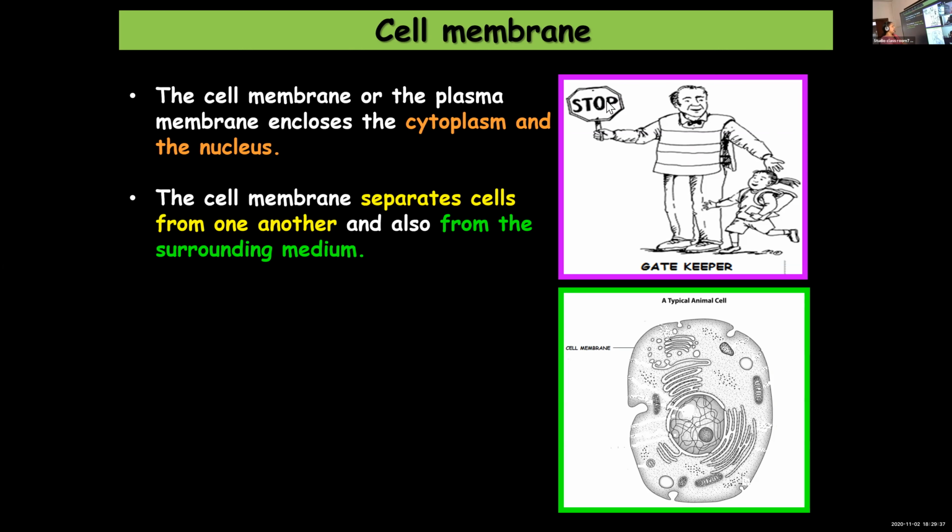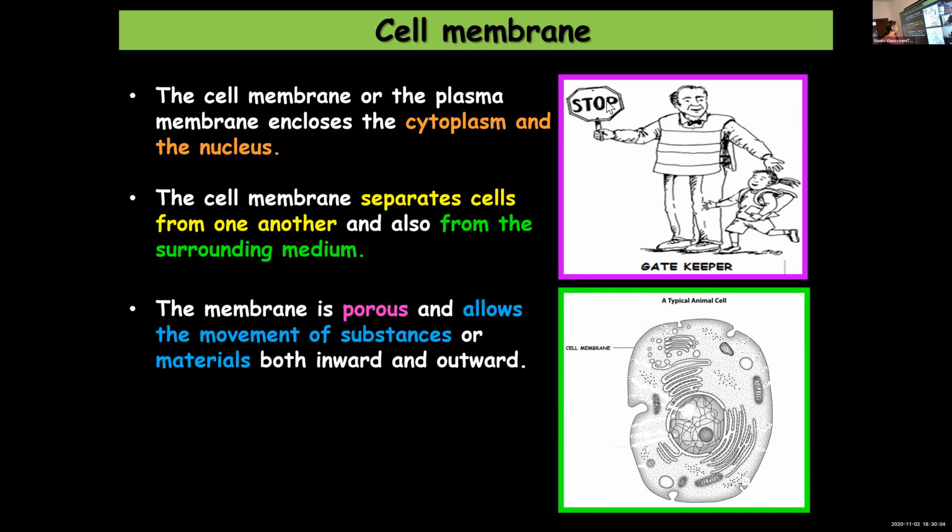And the cell membrane will separate the cells from one another and also from the surrounding medium. So we are seeing the different functions. It will enclose cytoplasm and nucleus. It will separate cells from one another. It is because of the cell membrane that the different cells are getting separated or partitioned, and it will also separate them from the surrounding medium. Then the cell membrane is porous and it will allow the movement of substances or materials to and fro, towards the cell and from the cell.